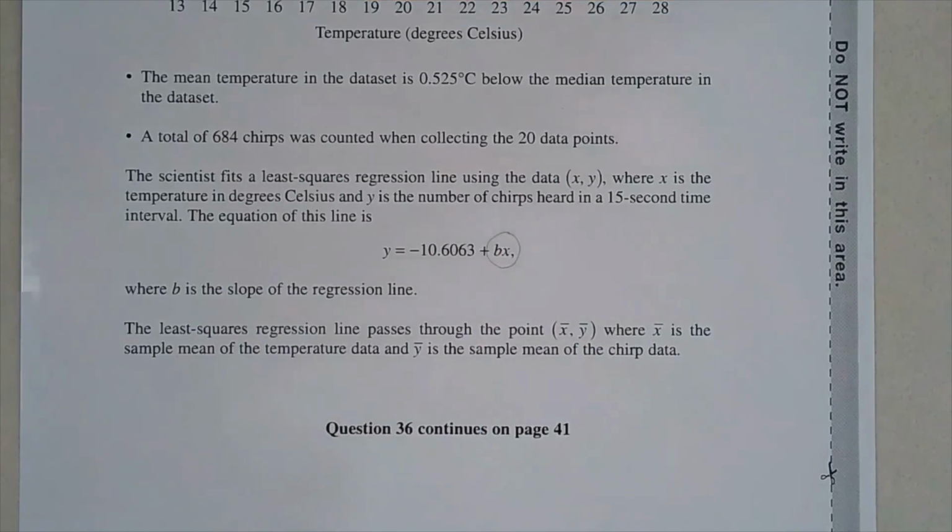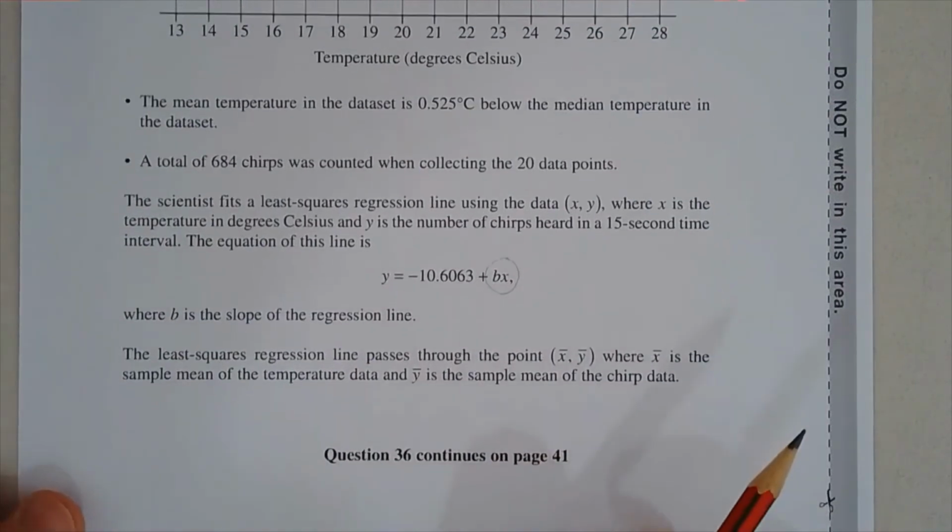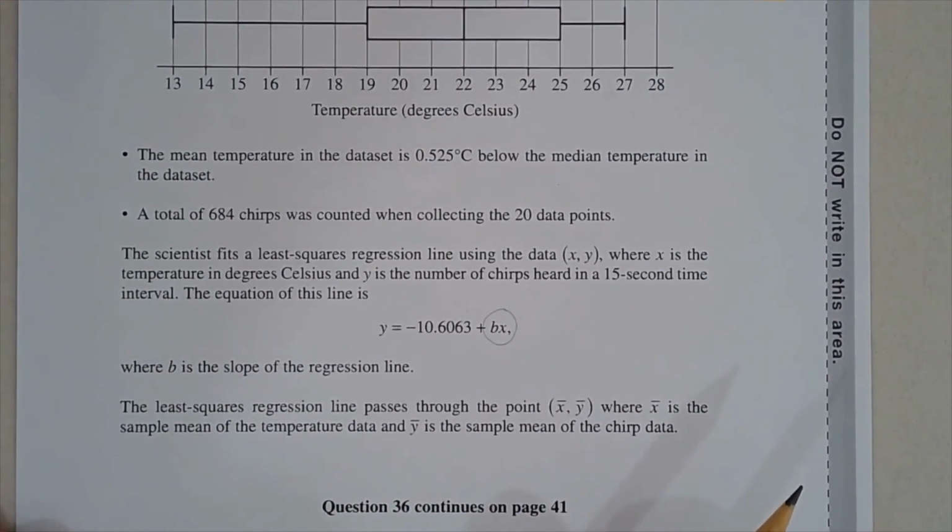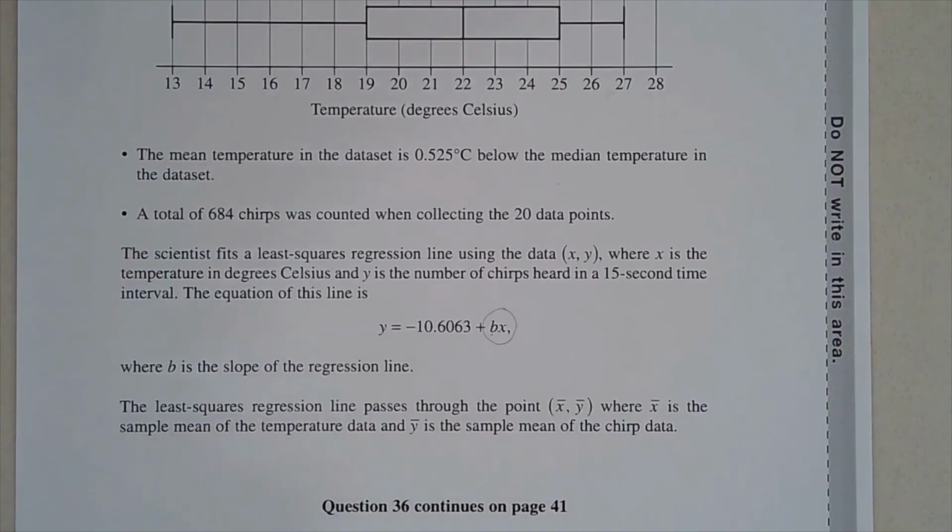We need to find the value of b, or the gradient of the line. Working backwards even further, in order to calculate b, we need x bar and y bar. Now, x bar is the average temperature.